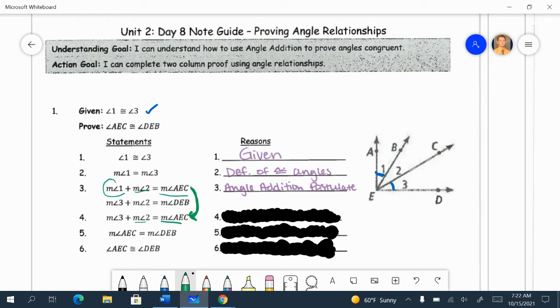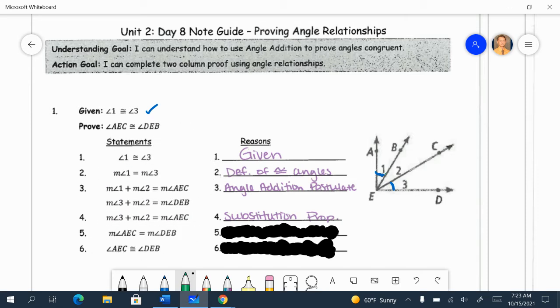The only difference is right here, measure of angle 1 and measure of angle 3. Now, why would we be able to change that? Well, because we set up here measure of angle 1 equals measure of angle 3. So the only big change is they took this out and they put measure of angle 3 in. So that's our big change. That is substitution property. So that would be number 4.